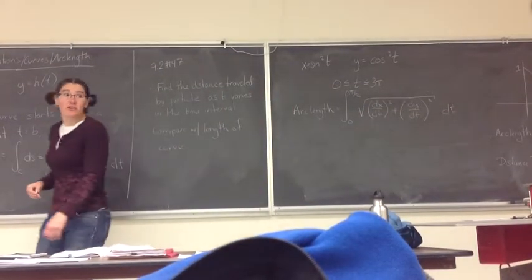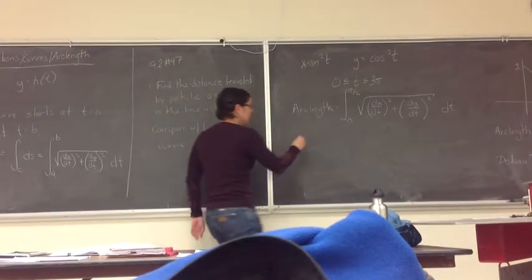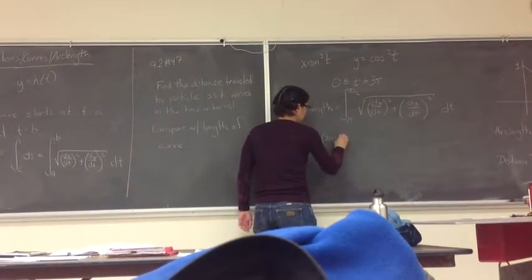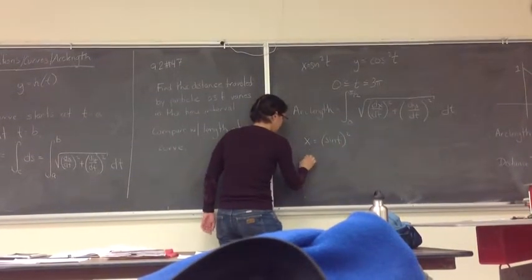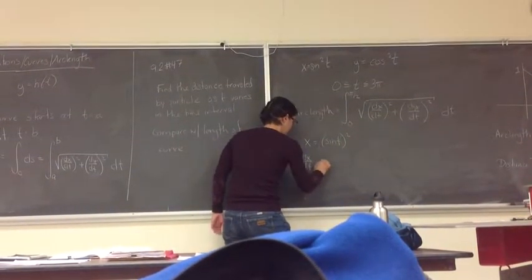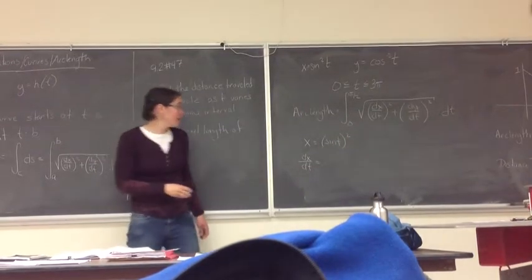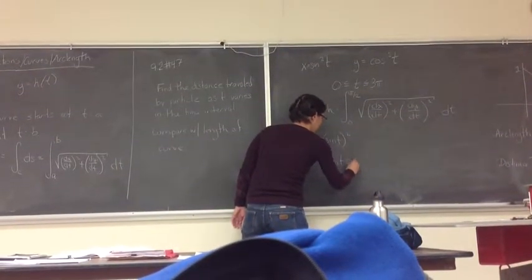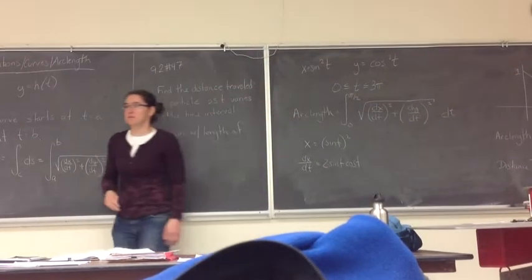So now these functions are squared functions, so I have to be a little bit careful. Since x is equal to the sine of t squared, then dx dt, I have to use the chain rule on this guy. So I've got 2 times the sine of t times the derivative of the inside, which is cosine of t.